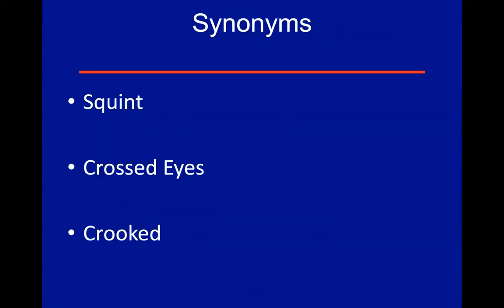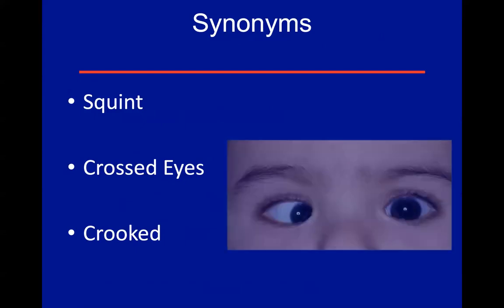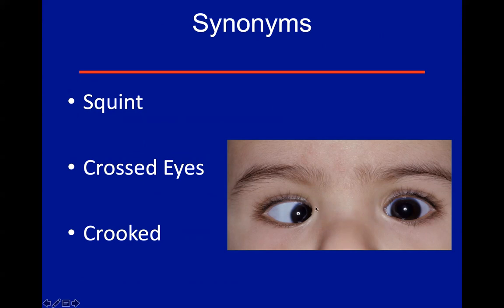When we talk about strabismus, there are many names for it. It can be called a squint. It can be called a crossed eye. Some people call it a crooked eye. But I think you see very nicely here, this is a straight eye.